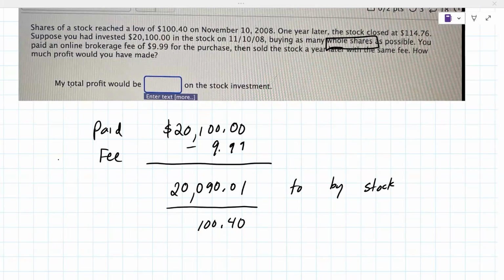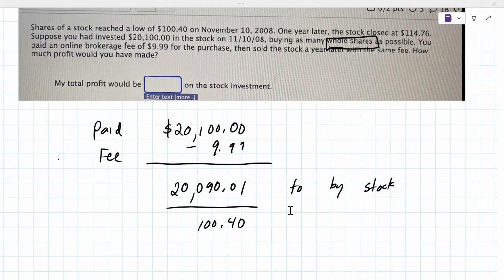Wait a second. Maybe I'm reading this wrong. The issue I'm having here is it's like you paid this amount, but it says you can only buy whole shares. Right.